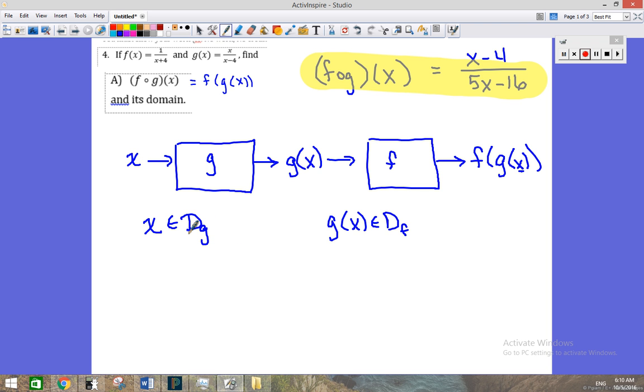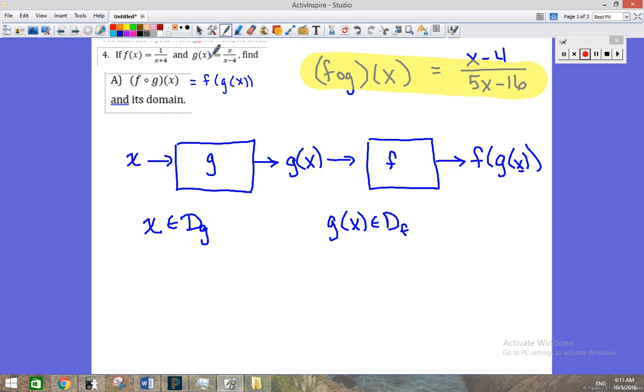Every time we find the domain, we always start out saying the domain is the set of all real numbers, excluding any values that cause division by 0, and also excluding any values that would cause us to take the square root of a negative number. We do not have any square roots, but we do have variables in the denominator, so there exists the possibility of division by 0.